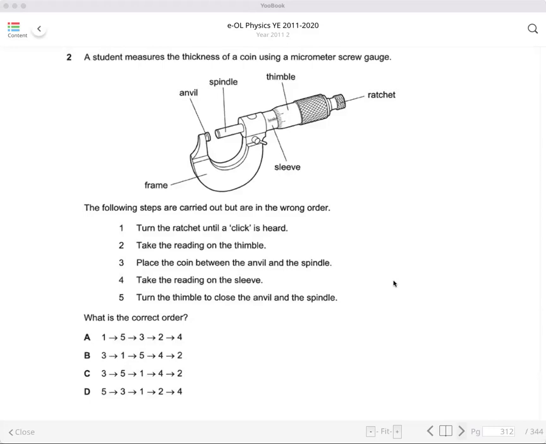Yuting, Hao Rui, very good. Xiao Xing, well done. So all of you got the answer. The answer is C. I will not go through this. Let's continue.